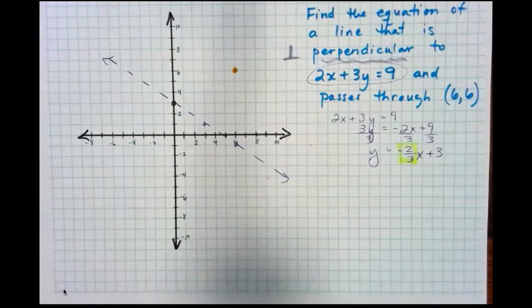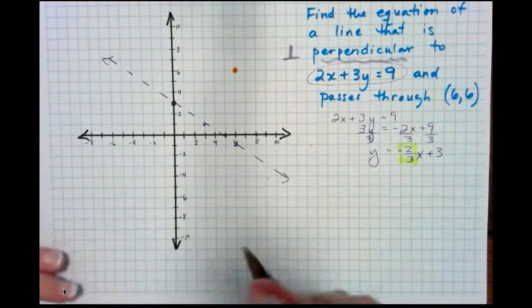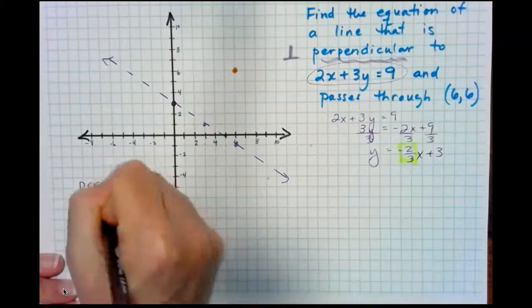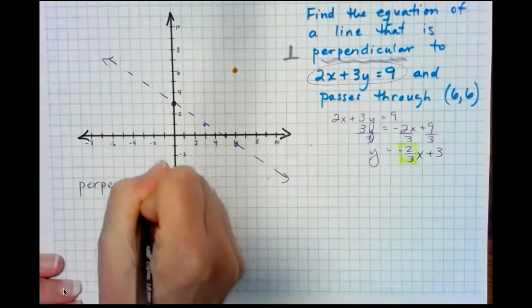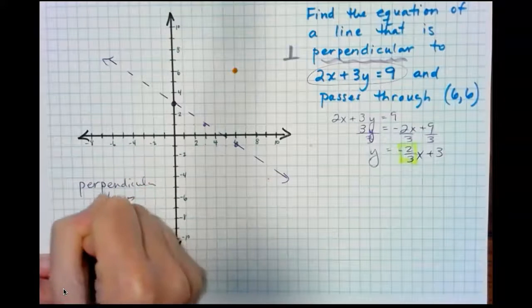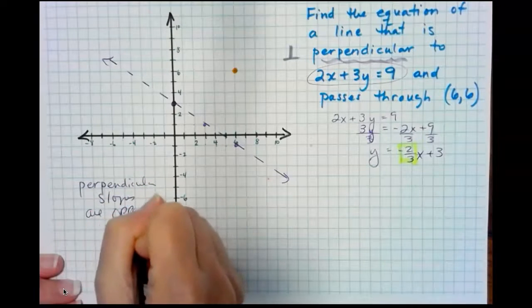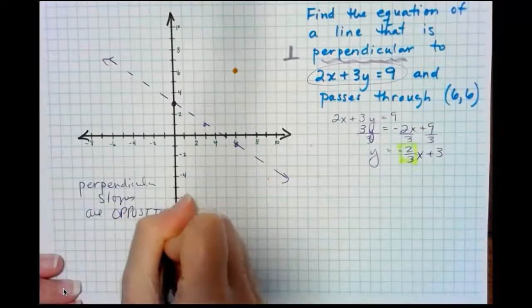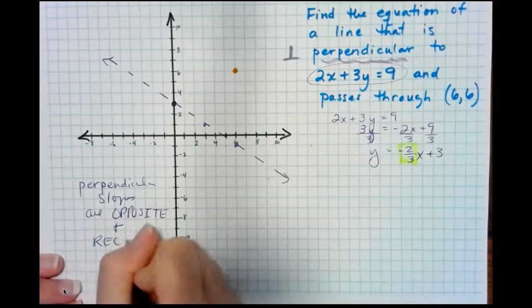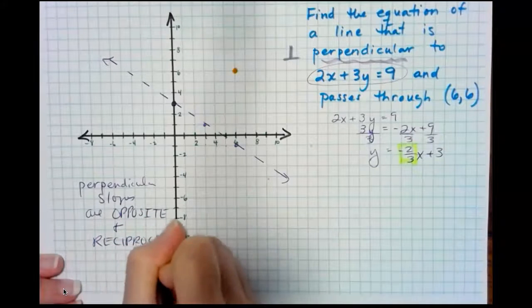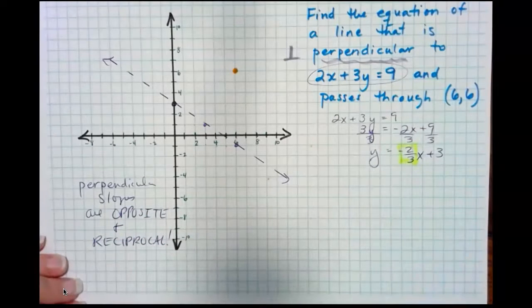So something to keep in mind is that perpendicular slopes are opposite and reciprocal. Perpendicular slopes are opposite and reciprocal.